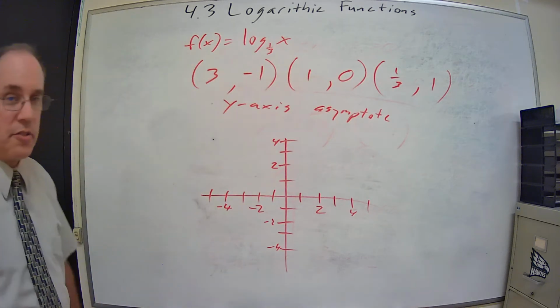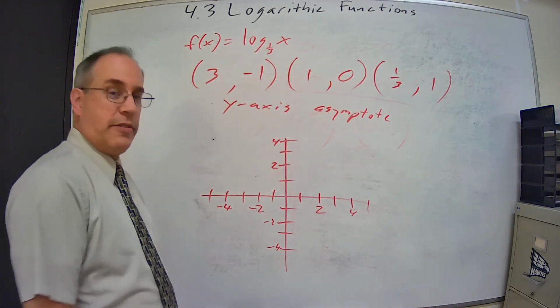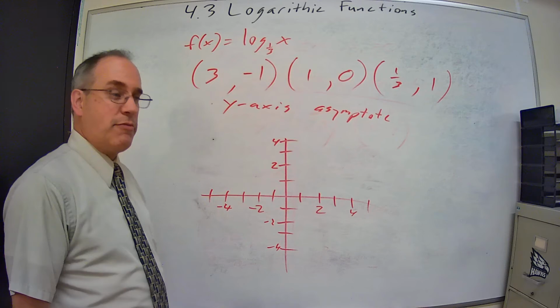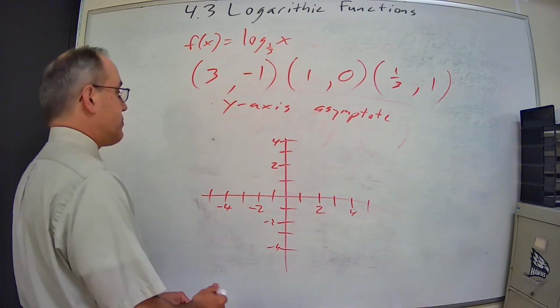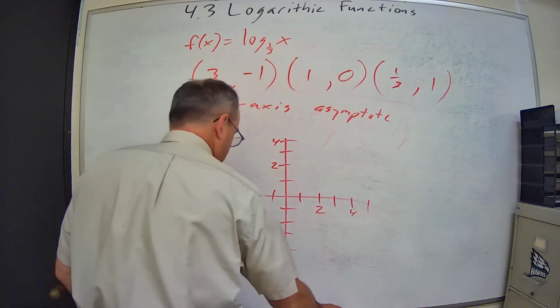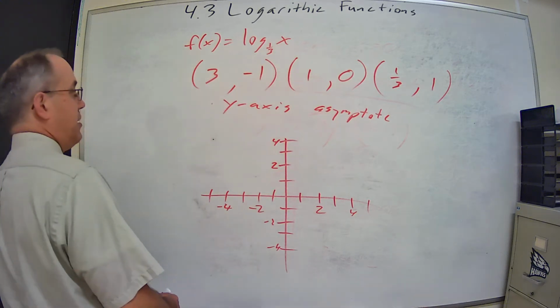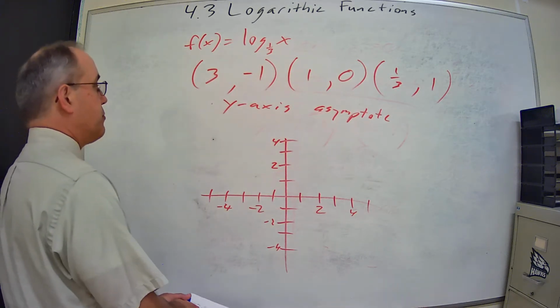Always number your axes. Go back and count how many times I've said that, okay? Always number your axes. So we can plot these points. We know that the y-axis is going to be an asymptote.